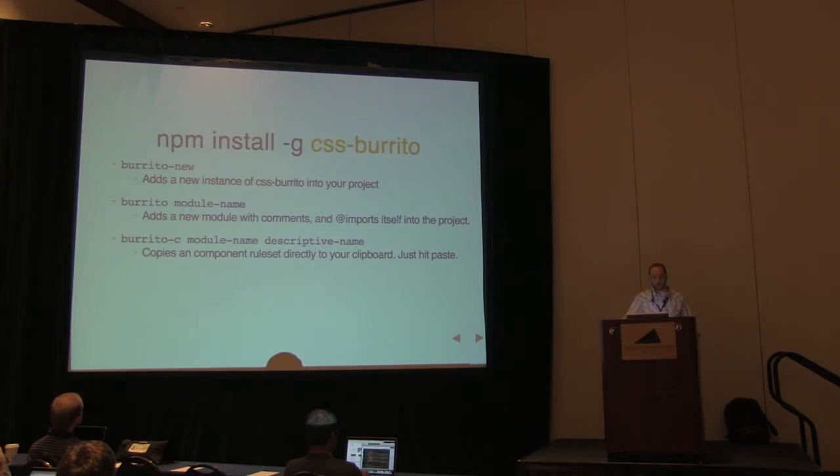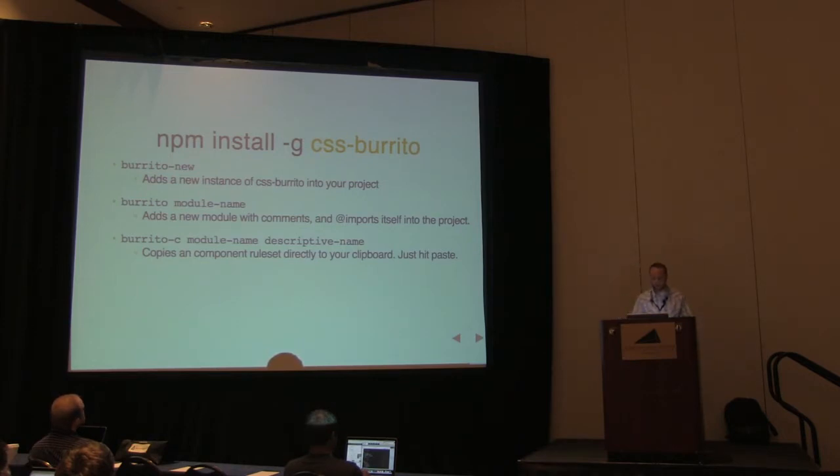So you can create a new instance of a project by running burrito-new in the command line. It will also create new module files for you, and it will actually import that file into the main modules partial for you as well. So you literally run the burrito and the module name, and then you can just open up the file that you created and start coding, and everything's just wired up.